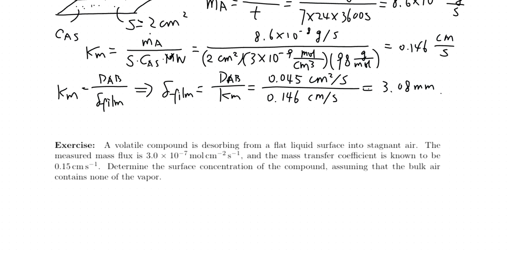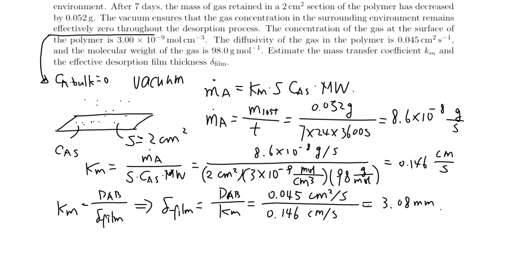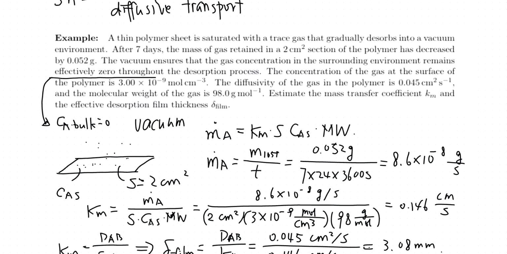In the previous problem, we used this relation to find the km. Let's see why we don't use the km expression like this.